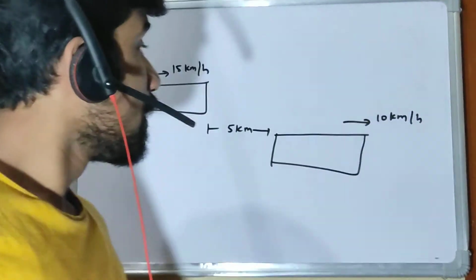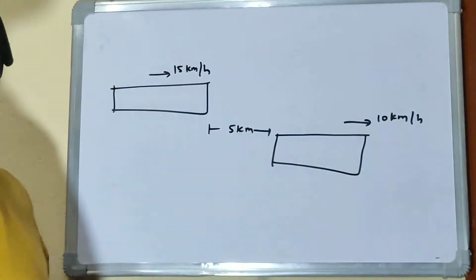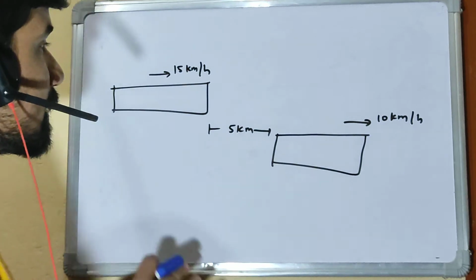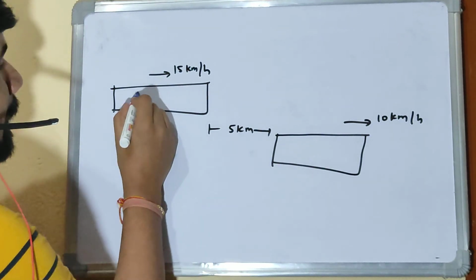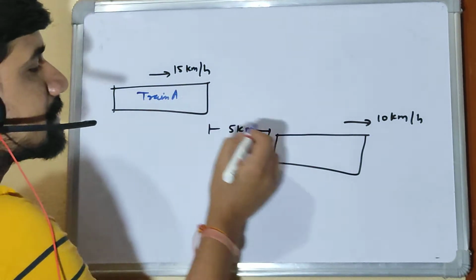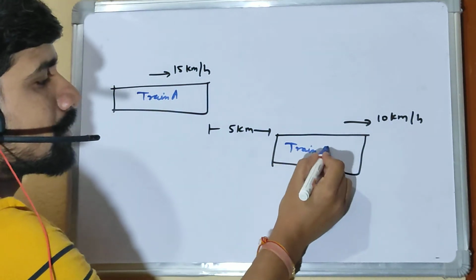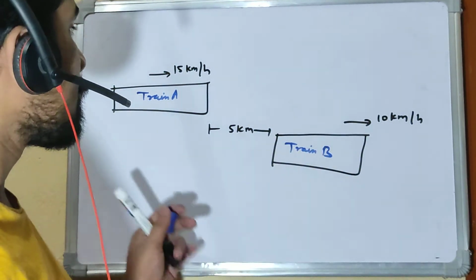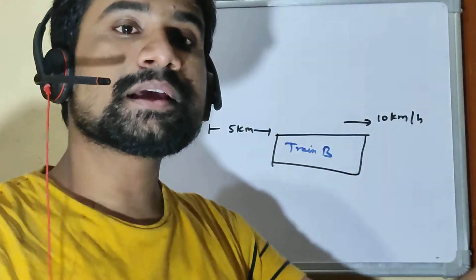Now, if I need to find, let's say this is train A and this is train B, after how much time train A will cross train B completely.